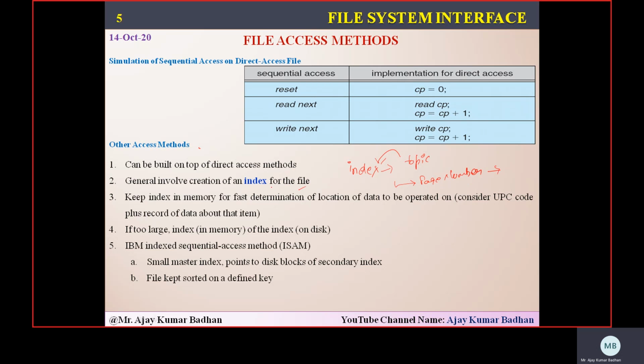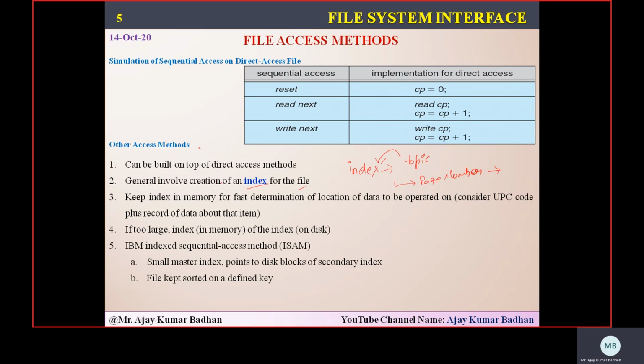Same way, in the other access methods they use the concept of index. Using this index, they determine the location. They determine the information related to that particular block, and the read or write is performed accordingly.